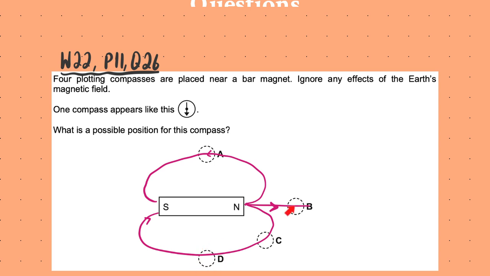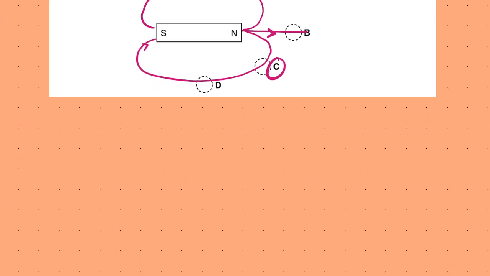So is D, and B is going to appear to the right. And now for C, it depends on how I shape my field lines, because I can see this would point somewhat like this. Then I can say this is still pointing vertically downwards as compared to the other two. That's why C is going to be the correct option to this one. Let's have a look at another one.